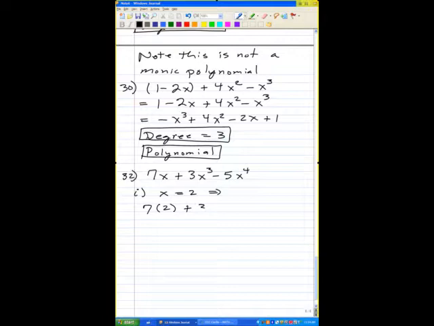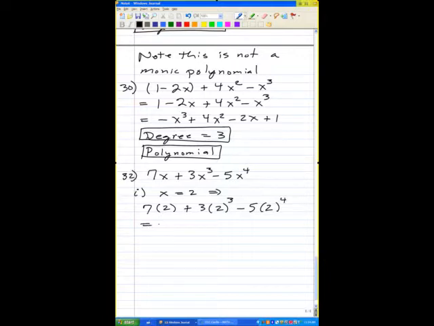And it is a good habit that whenever I do a replacement, I should put parentheses around what I replace. And so let's do that.